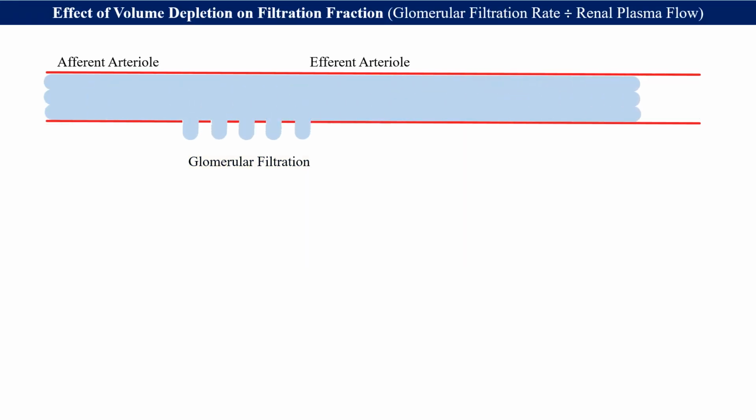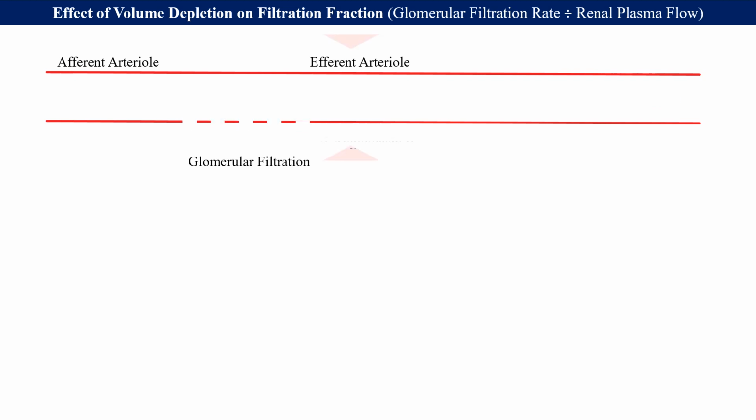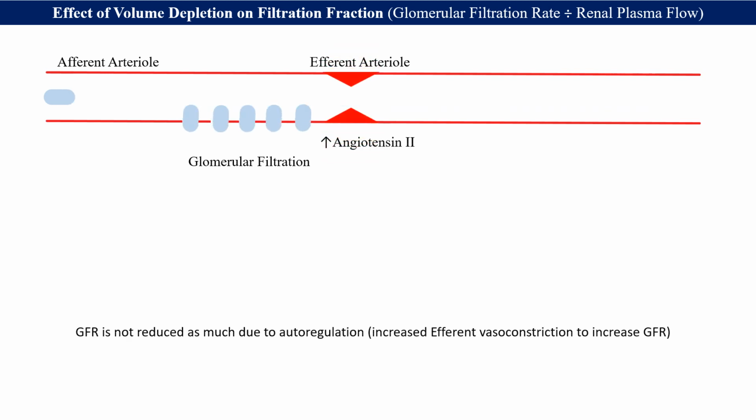Finally, what happens to the filtration fraction when there is volume depletion? Both the glomerular filtration rate and renal plasma flow will be decreased. However, the reduced glomerular filtration will activate the renin-angiotensin system to cause efferent arteriolar vasoconstriction to increase glomerular filtration rate.